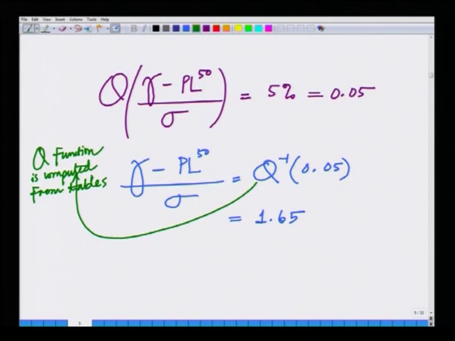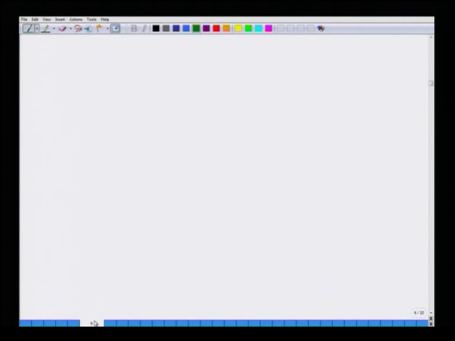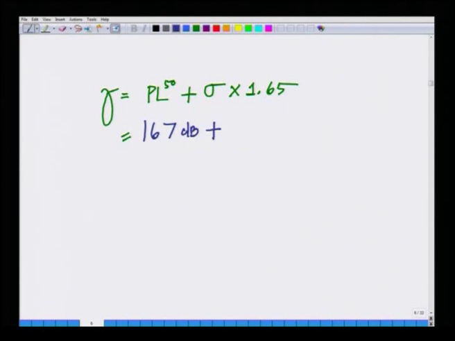Hence, from this expression we can also write that gamma equals the 50th percentile path loss plus sigma times 1.65. We know both these quantities. The 50th percentile path loss is 167 dB, plus sigma is given as 6 dB.